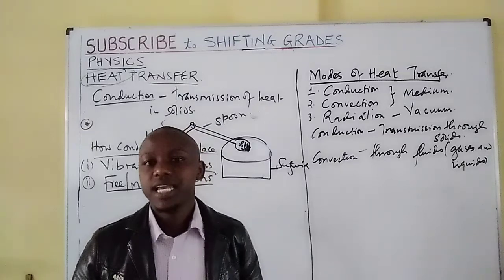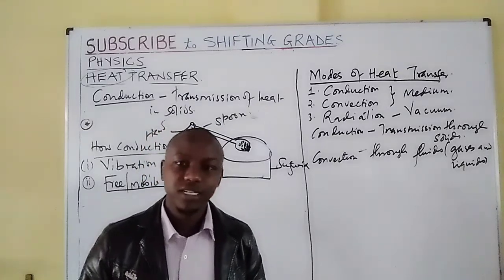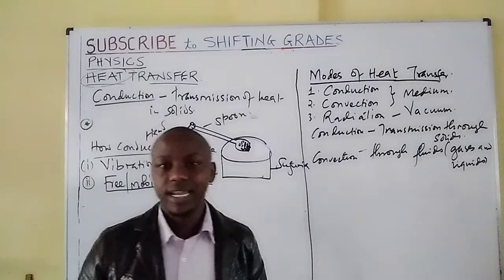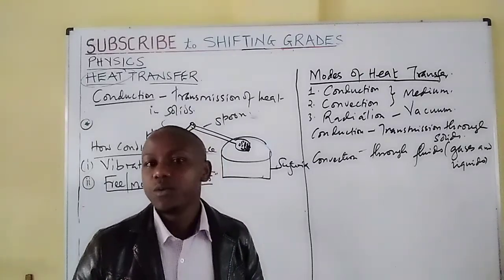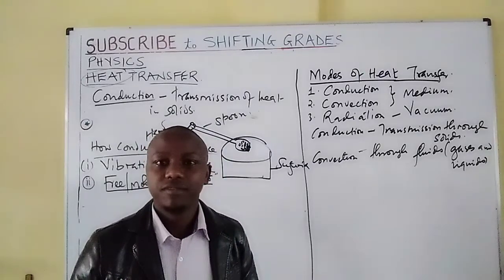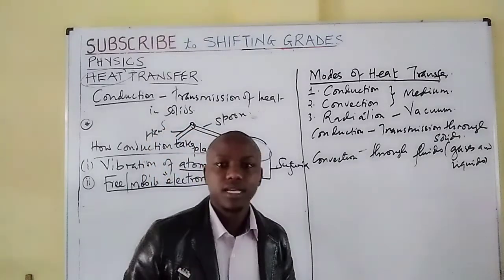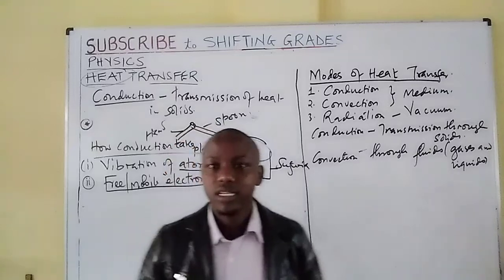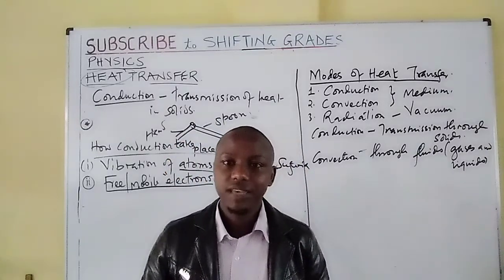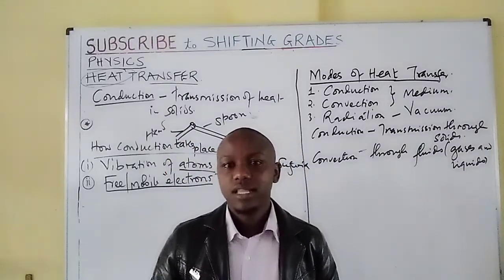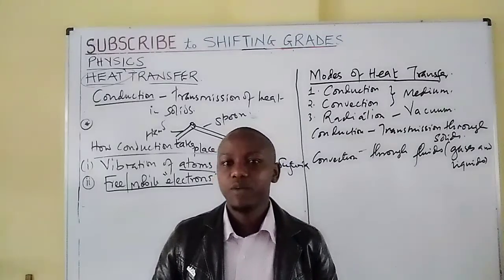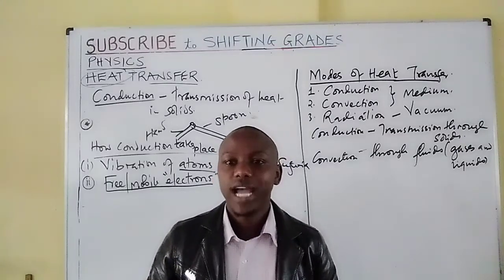In the process of moving, due to increased kinetic energy, they move along with the heat which they have received, and by such a movement, they transfer the heat to other parts of a given solid. Therefore, that's what basically we call conduction.